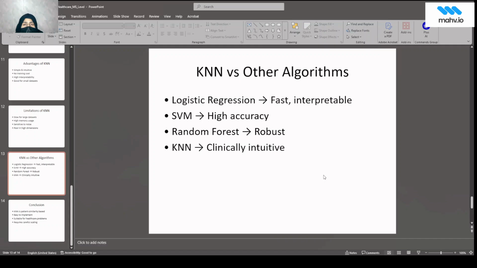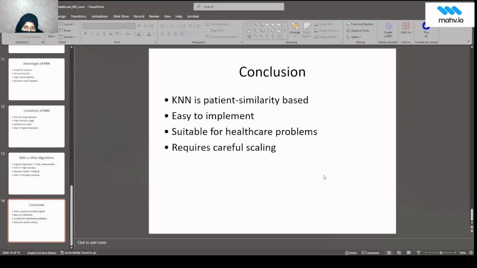So you will see KNN as well as other algorithms. Logistic regression is fast and interpretable, SVM has high accuracy, random forest is robust, but KNN is clinically intuitive. Conclusion: KNN is patient-similarity based, easy to implement, suitable for healthcare problems, and requires careful scaling.